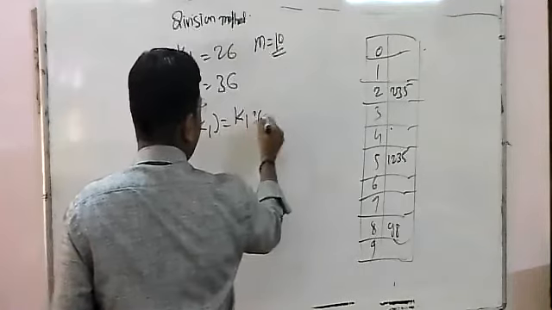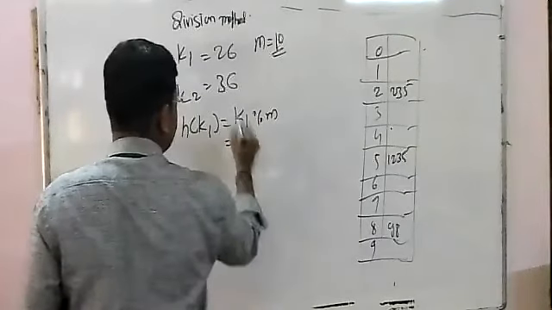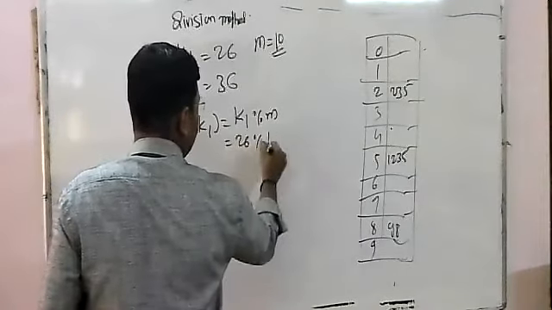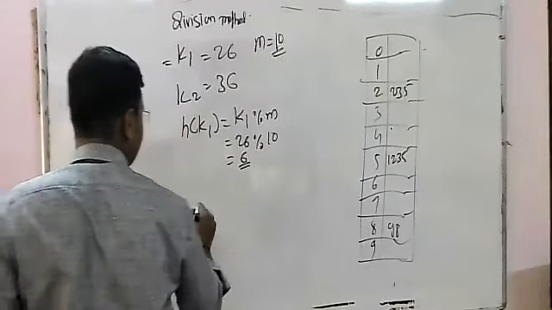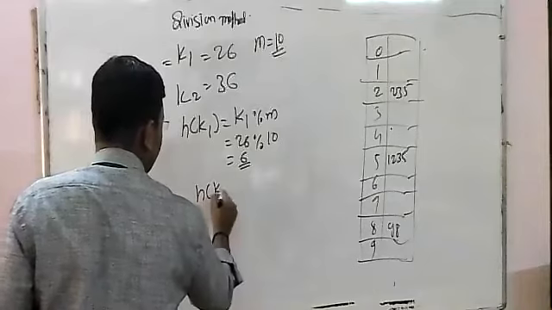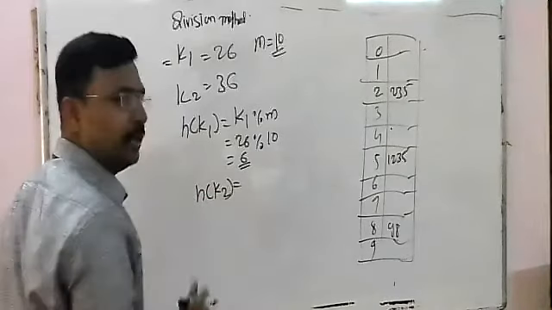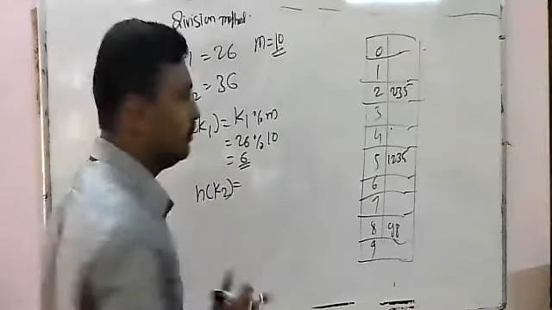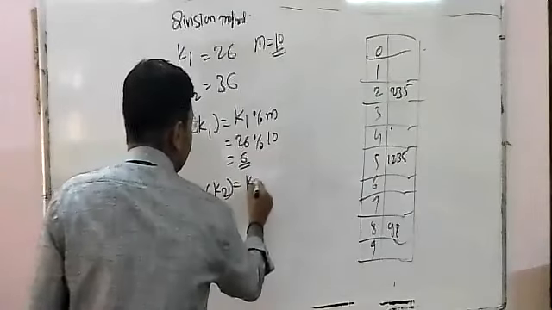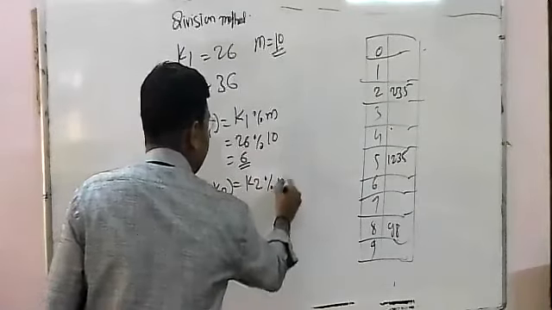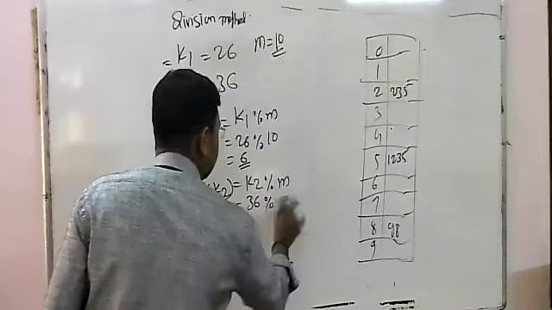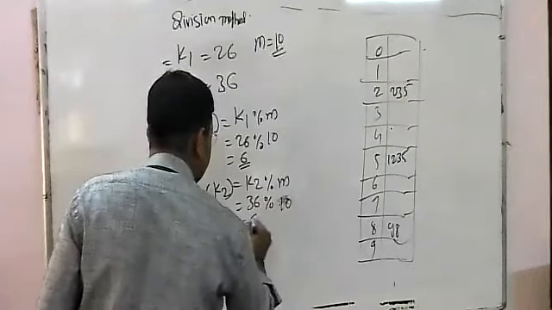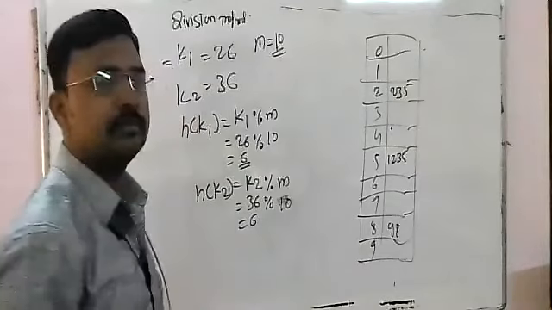K1 mod m. 26 mod 10 is equal to 6. And for the hash value of K2, that is key value 2, calculate K2 mod m: 36 mod 10 is equal to 6.